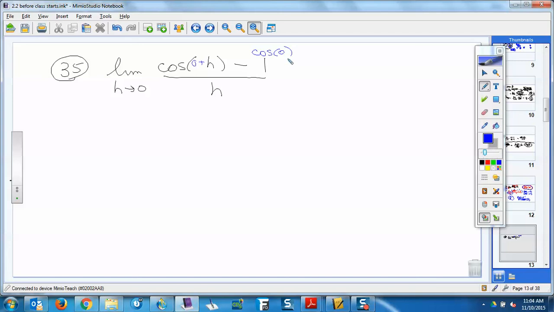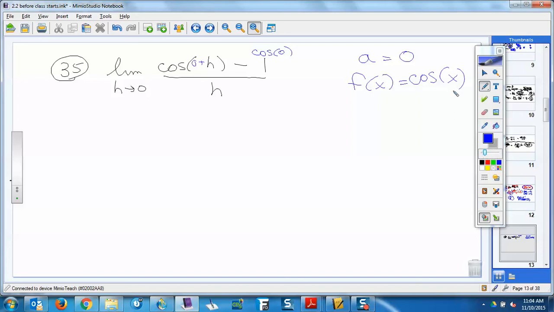It's f of a plus h minus f of a. So that must have been 0 plus h, so the a must have been 0. And the function was cosine of x. The a plus h gets plugged in where the x used to be.